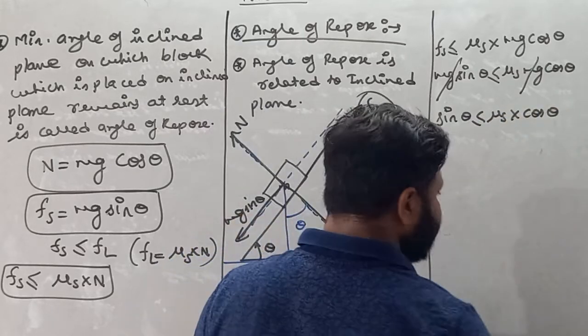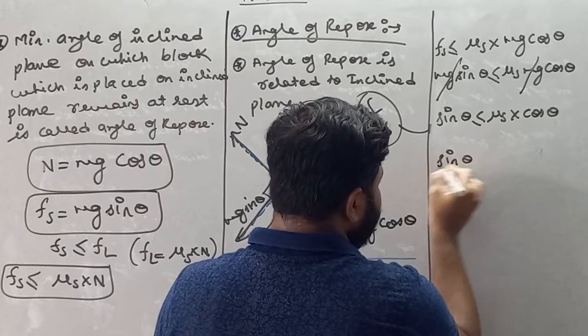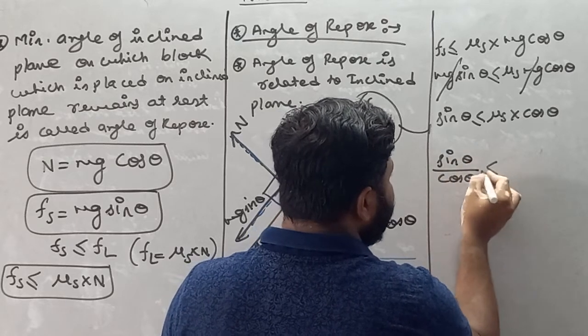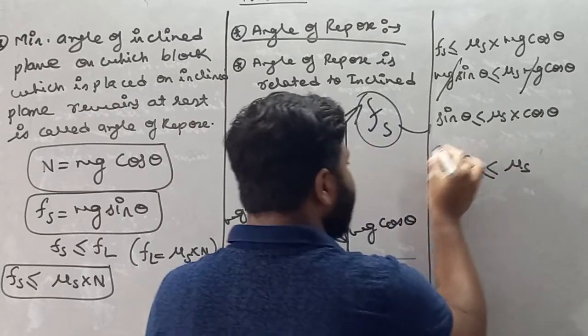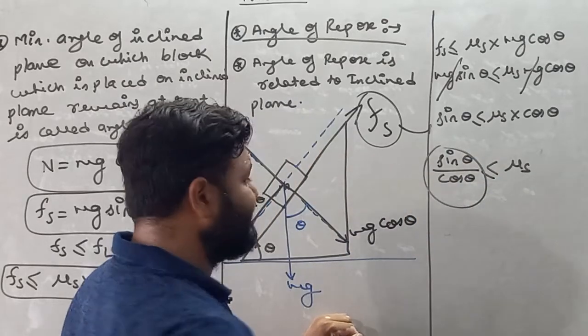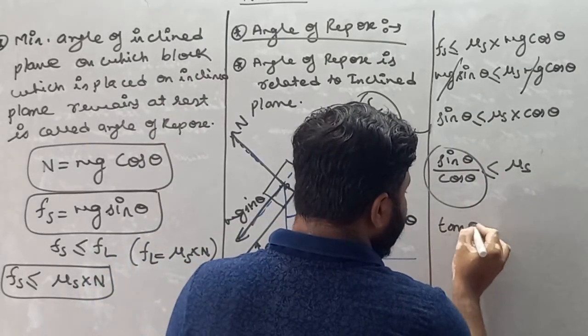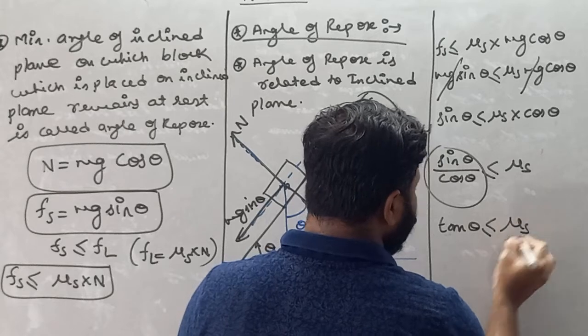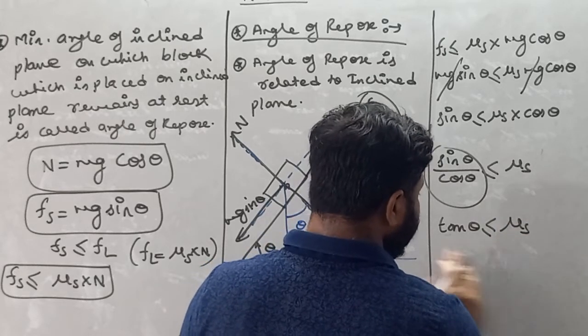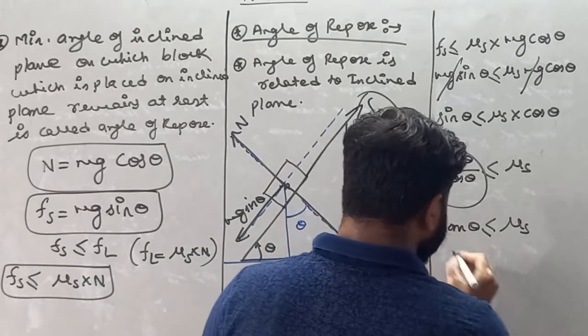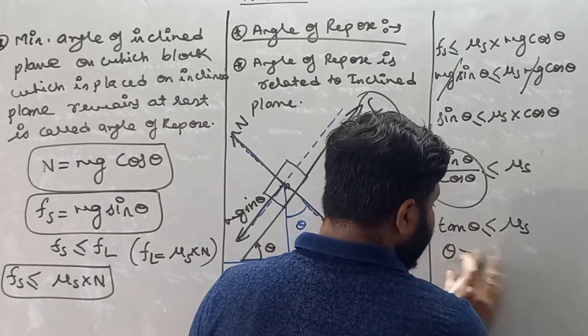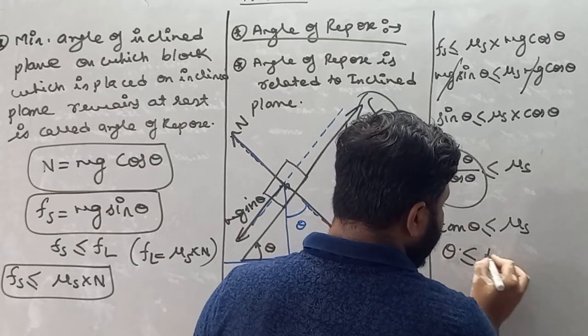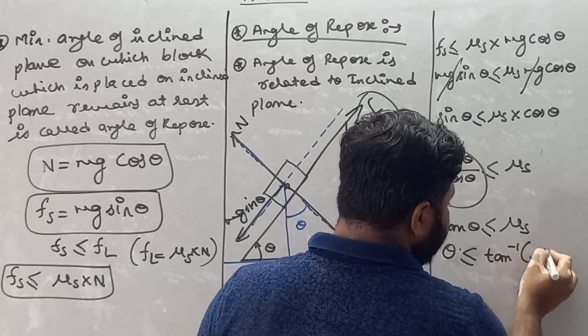Take cos theta this side, so it is sin theta upon cos theta is less than or equal to mu s, and we know that sin by cos is tan, so tan theta is less than or equal to mu s. So theta must be less than or equal to tan inverse mu s.